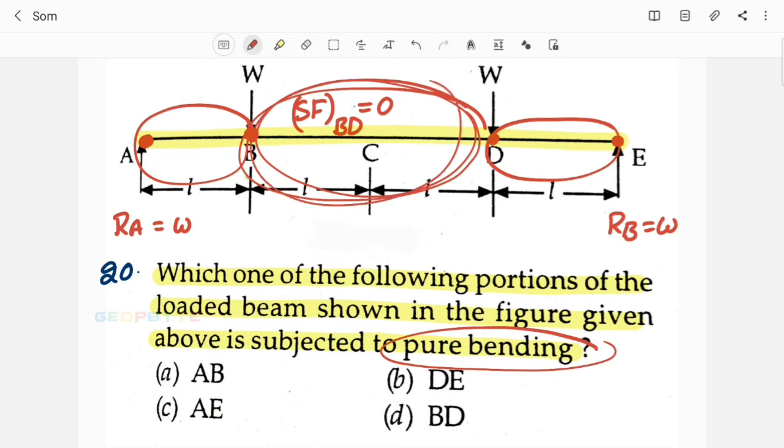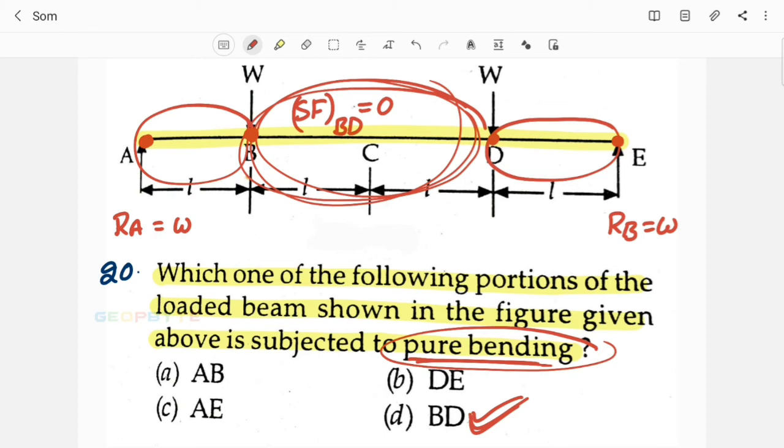I hope you clearly understood. Remember, wherever the shear force is 0, bending moment may be either minimum or maximum. That kind of bending moment I can call pure bending moment. Therefore, option D is absolutely correct.